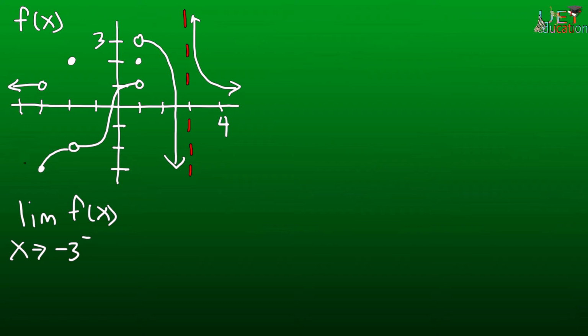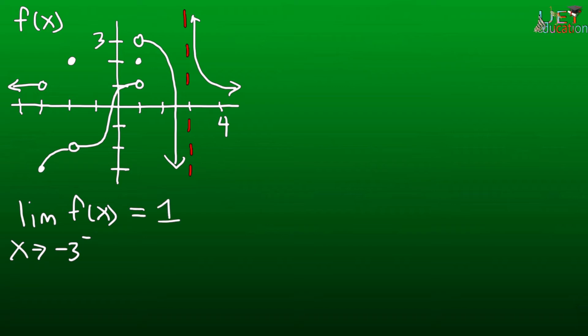So first, identify where x is negative 3. X is negative 3 anywhere along that vertical line. Now we want to approach that vertical line from the left side. So you want to follow the curve from the left until you get to that point. Notice that the y value here corresponds to positive 1. So the limit as x approaches negative 3 from the left side is 1.